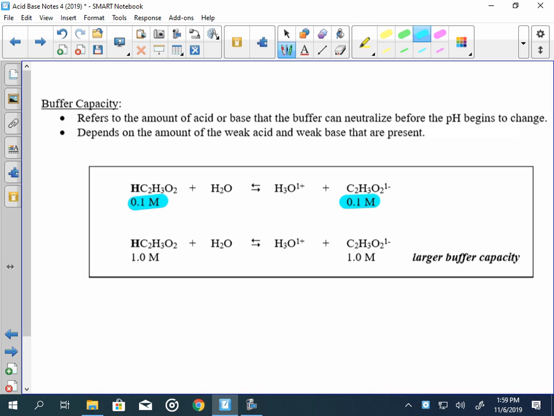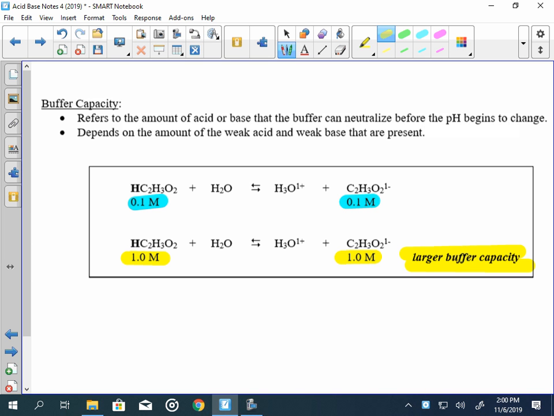Okay. Again, think of it. You've got a 0.1 million protecting. Now you've got 1 million protecting. This, to me, clearly has a larger buffer capacity. It's going to be able to accommodate maybe 5 or 6 or 7 or 10 or 20 milliliters of outside attack before that pH changes substantially.